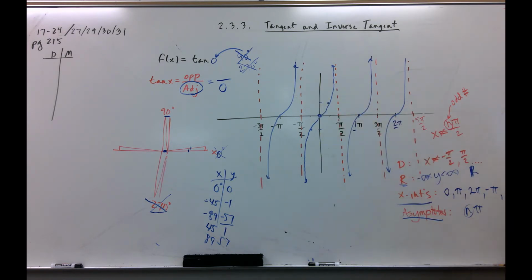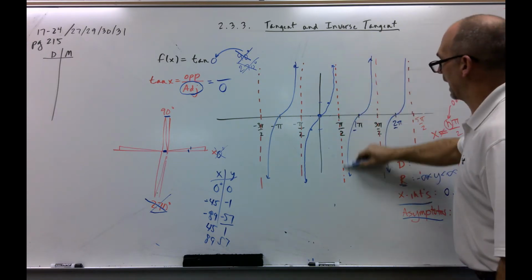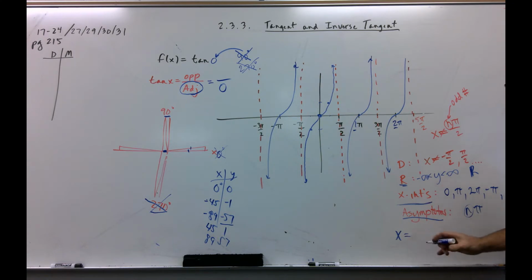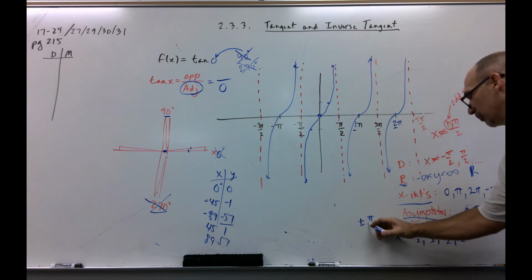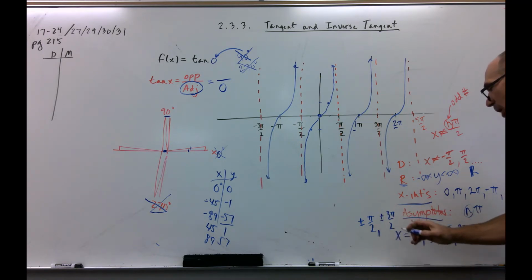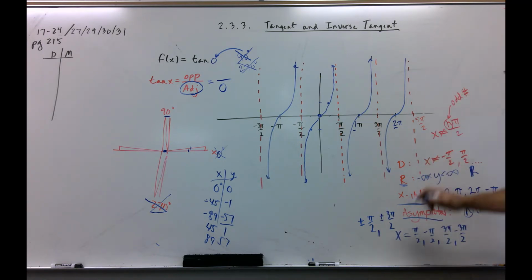Asymptotes. Well, as you can see, we've got an asymptote right here. All vertical lines are x equals. So that's pi over 2, negative pi over 2, and then we got another one at 3 pi over 2, and then negative 3 pi over 2. So we could say plus or minus pi over 2, plus or minus 3 pi over 2, and as you notice, 5 pi over 2.